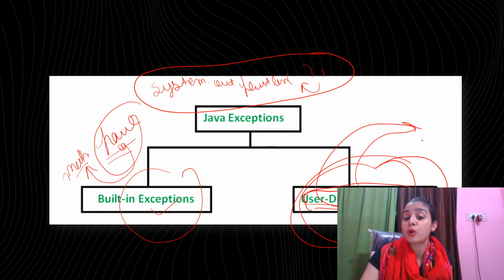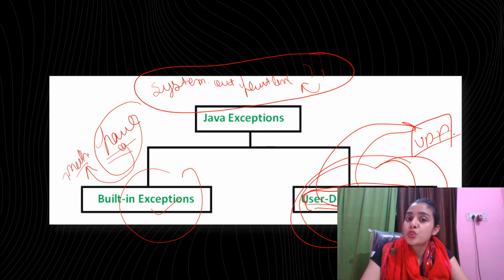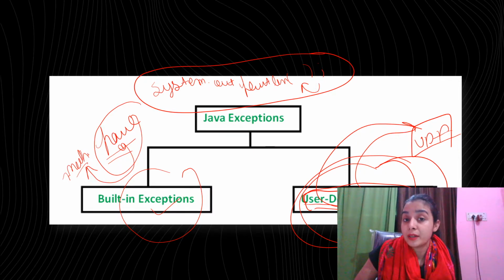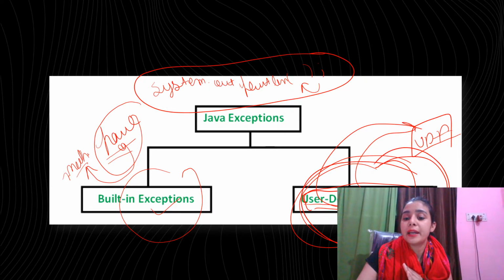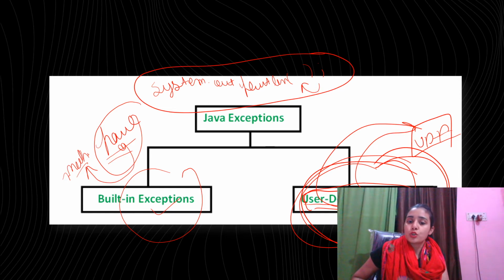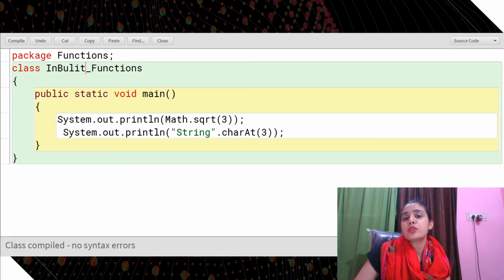Those functions are called UDF, that means the user defined function. So this is also possible in Java. There are built-in functions, which are predefined in Java, and the functions created by the programmer. So Java allows us to create our own function also. Those functions are called the user defined function.